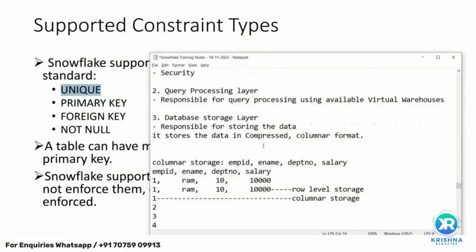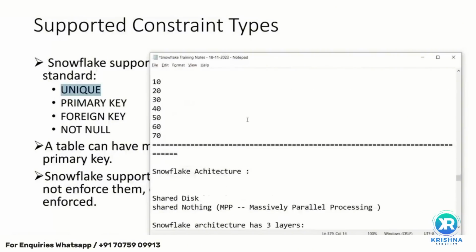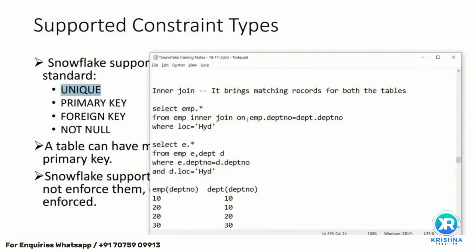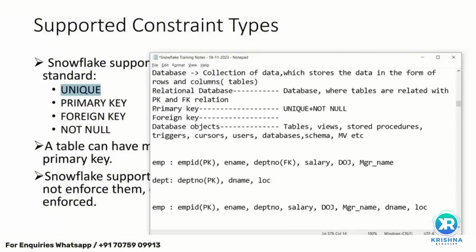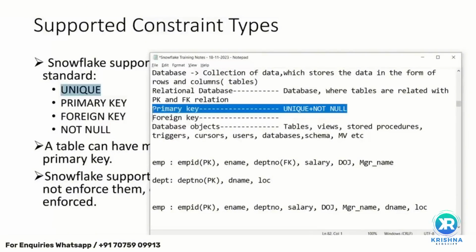If you define a table with a primary key, it will accept only unique values and it will not accept any null values.